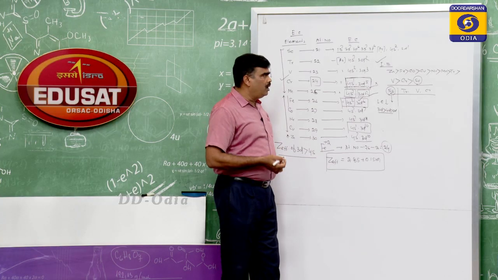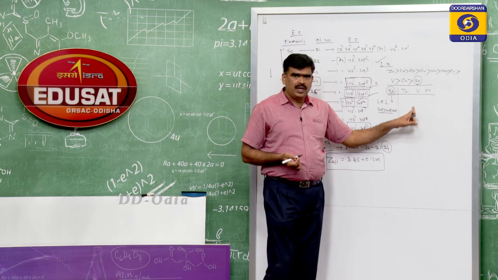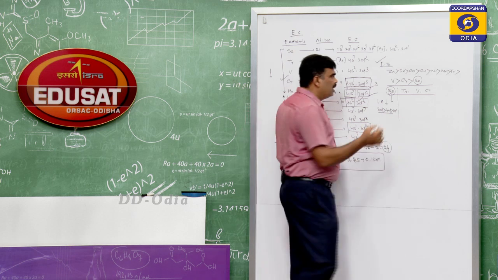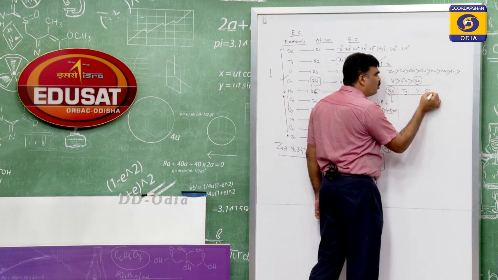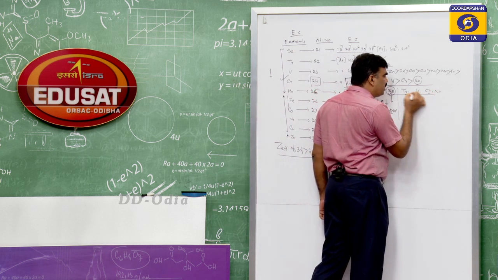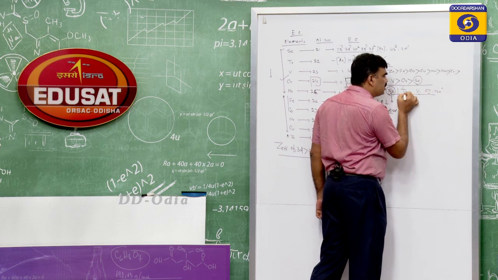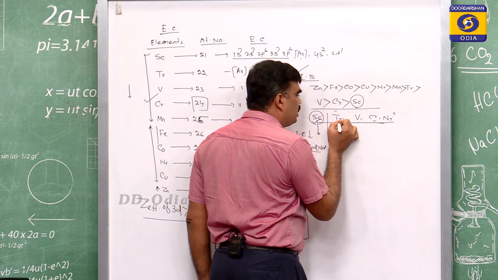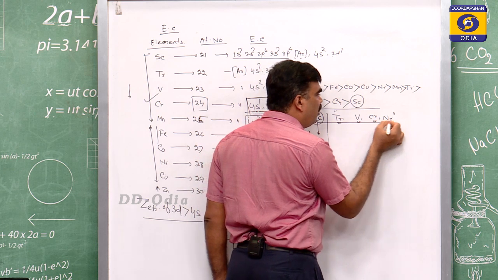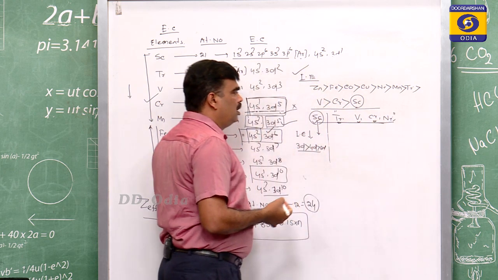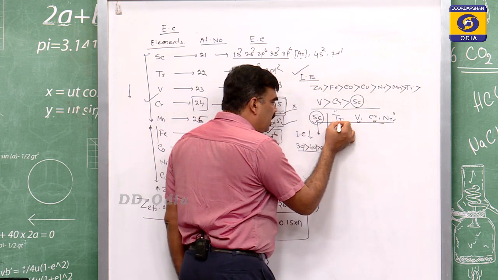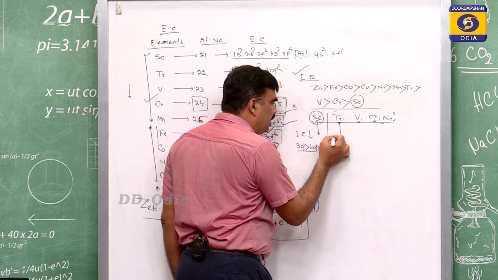But in case of titanium, vanadium, chromium and nickel, remember these tricks. These are very important tricks. In case of titanium, vanadium, chromium and nickel, the ionization energy gradually increases.